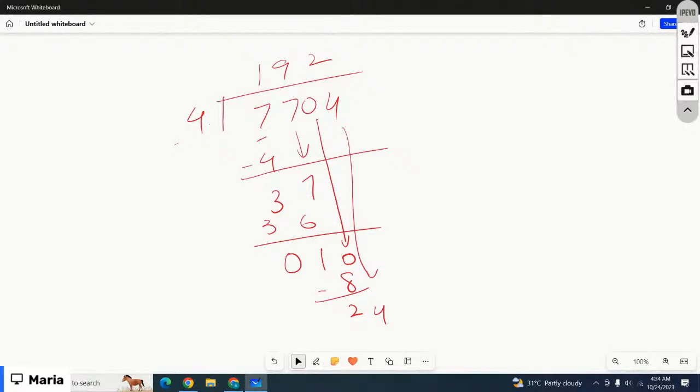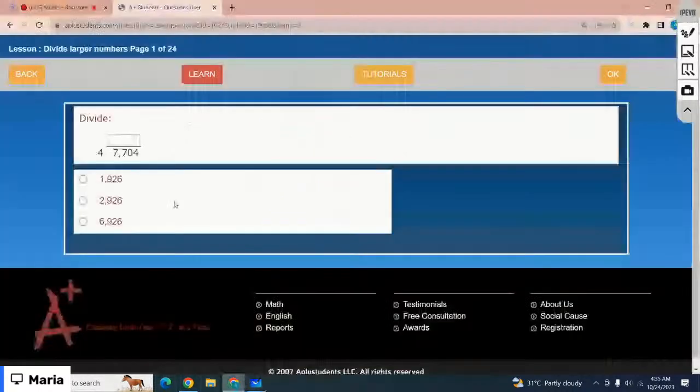So which is the correct option? 4 times 8 is 24. So the answer is 1924. The correct option is 1920. 4 times 6 is 24. 1926 it is.